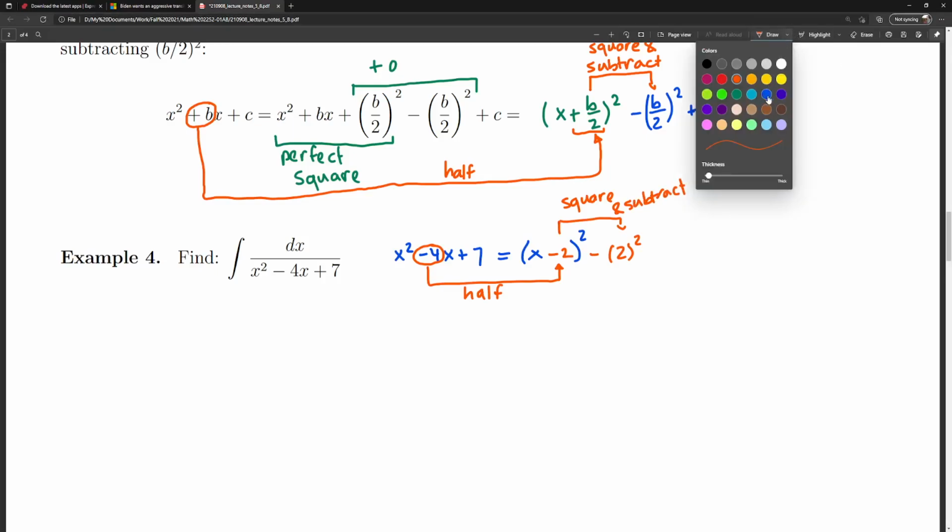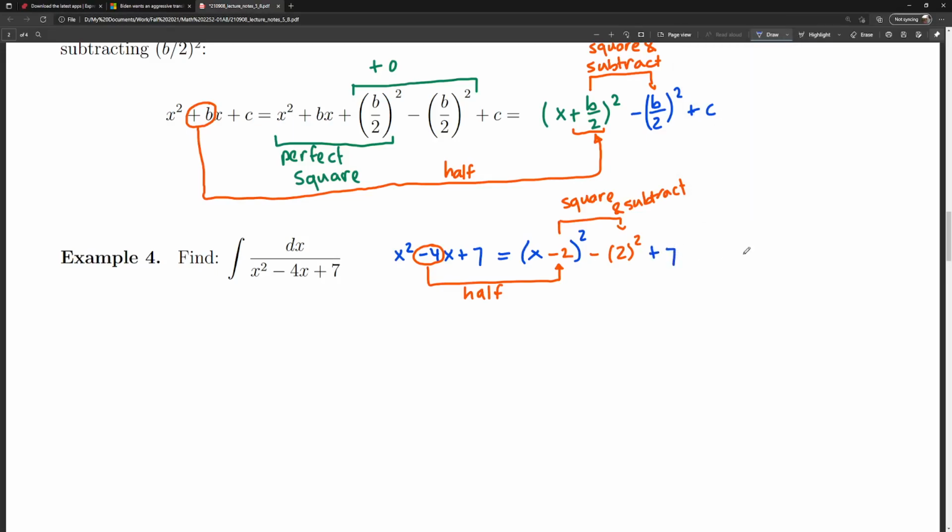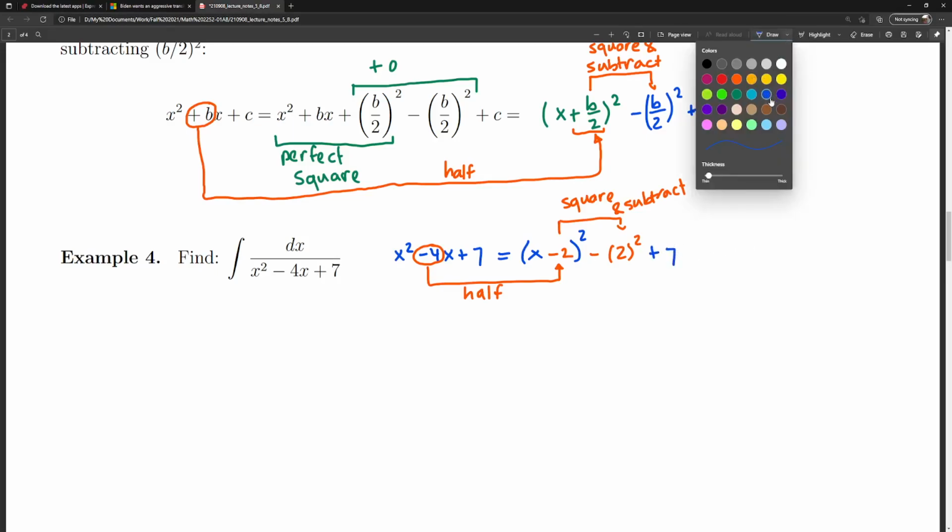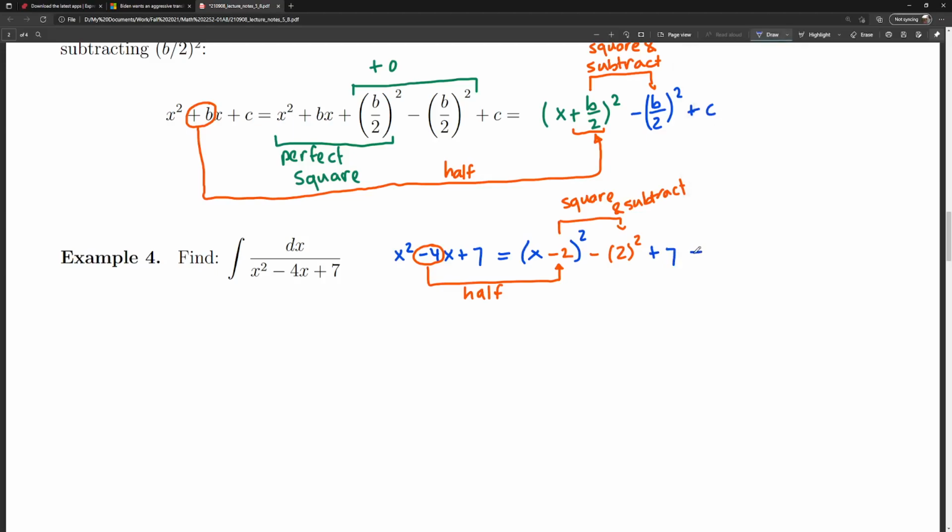And then I should not forget about the plus 7 in the end. So I have plus 7 there. And after completing the square, I end up with x minus 2 squared minus 4 plus 7 gives me plus 3.